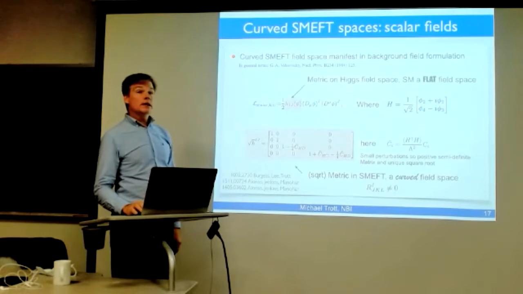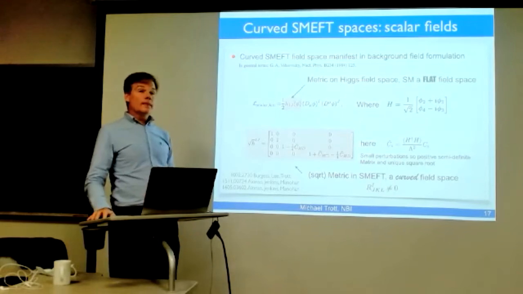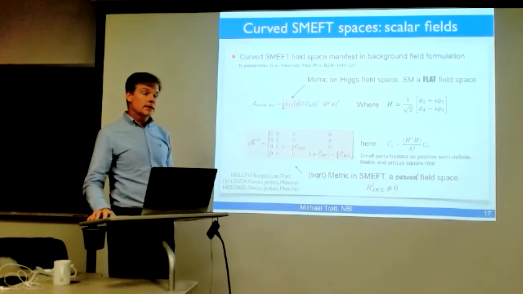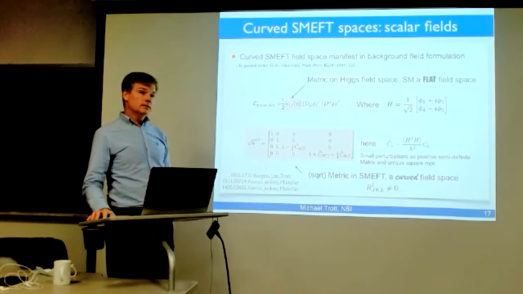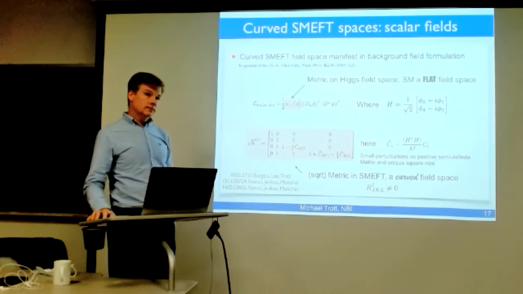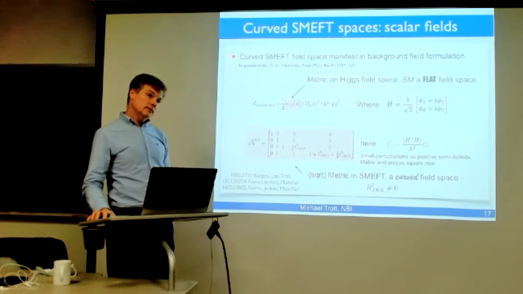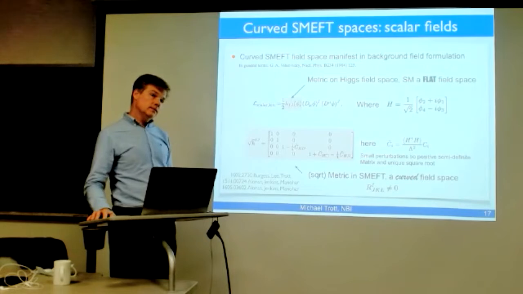Sorry, I'm a little confused about the square root. If you were doing this for a curved space, you would have an additional rotational symmetry, and you would have basically an infinite choice of what you meant by the square root. Not unique square roots.